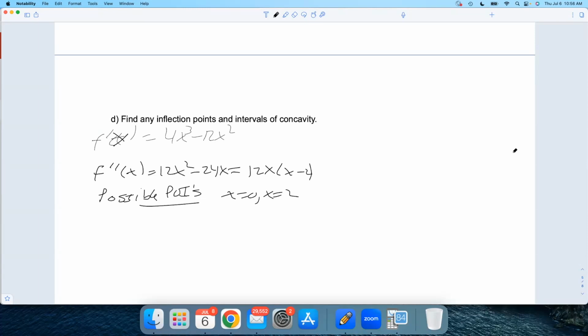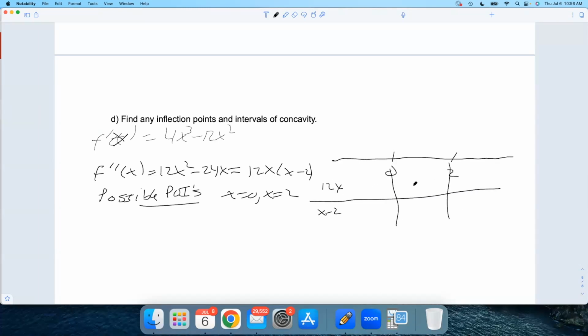So now we do a sign chart for the second derivative, 0 and 2. And I'm going to use this factored form, and I'm going to do this by writing my factors on the side. 12x, x minus 2. So I'm going to make my little table here. I'm going to figure out the sign of each of these factors in each region.